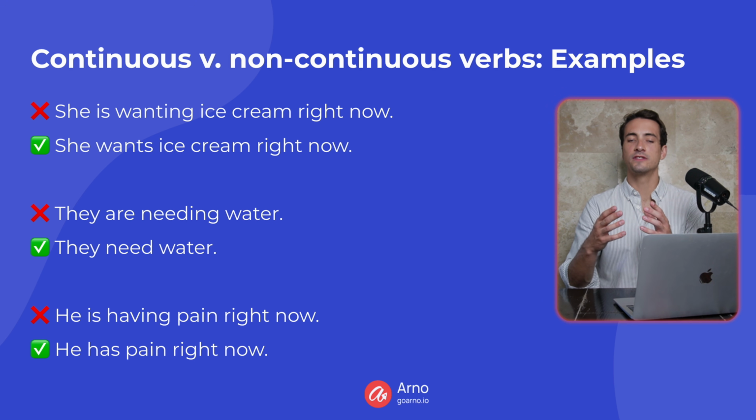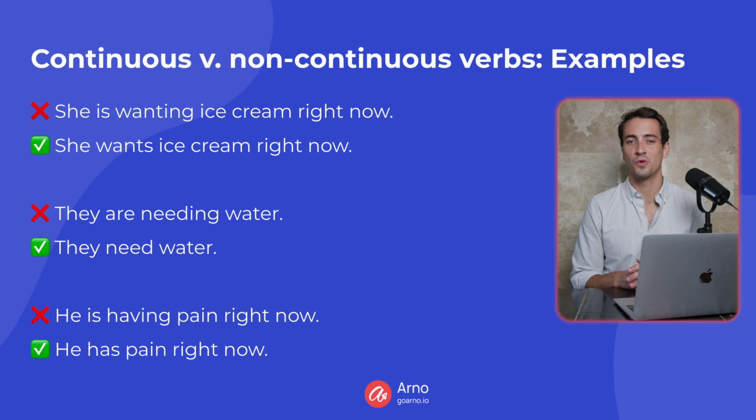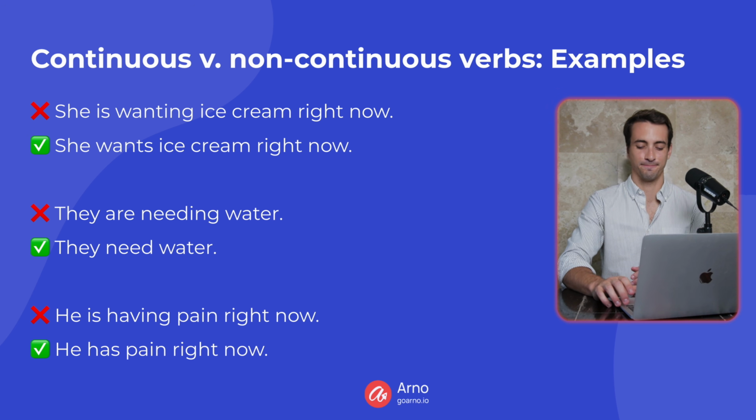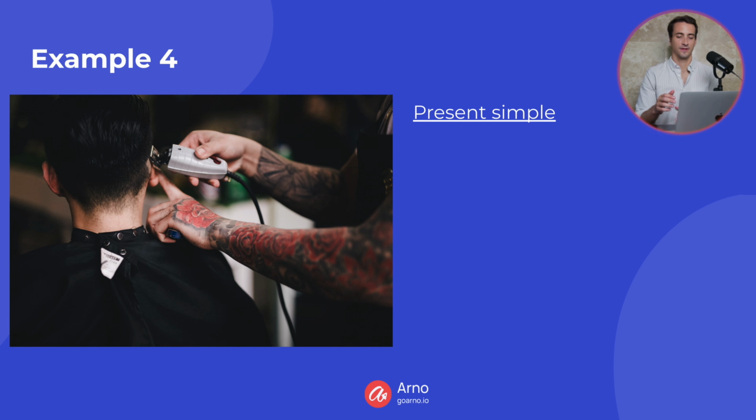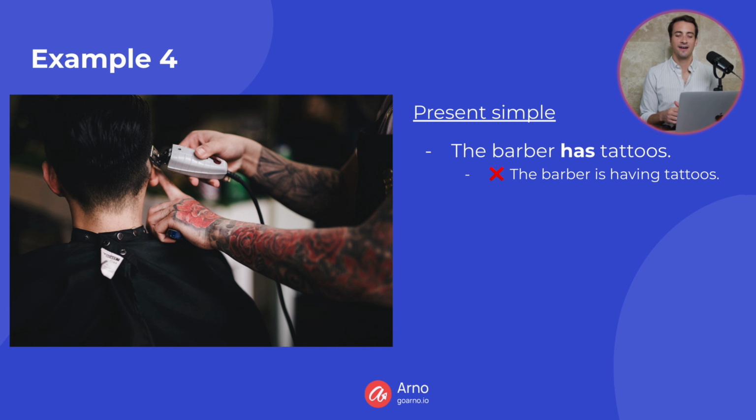Let's do a few more examples so that you can see how to use all that we've learned in this lesson to get a great score on picture description questions. Using the present simple, we could describe the following. The barber has tattoos. You may be tempted to say, the barber is having tattoos, but that would be incorrect.